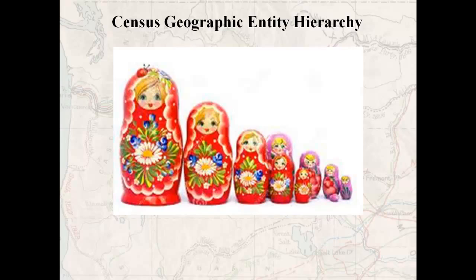And remember back in, I think it was Module 4, I talked about the modifiable areal unit problem, where the numbers that you get in your map depend upon the size and the shape of the enumeration units that you have. If you're talking about the size of the units in the census, the largest size will probably be the country, and the smallest size is going to be what's called a block.